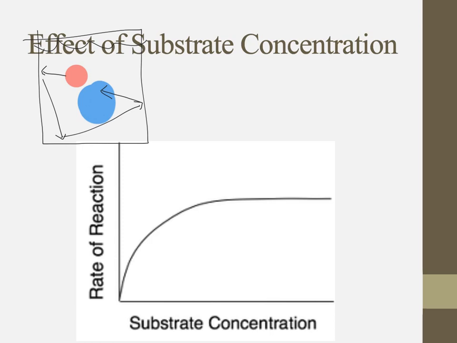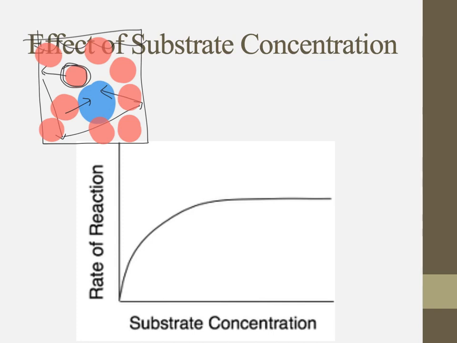So if I only have one of these substrates in my solution, I'm probably gonna have a really slow reaction rate because it might take a while for that substrate to come in contact with my enzyme.